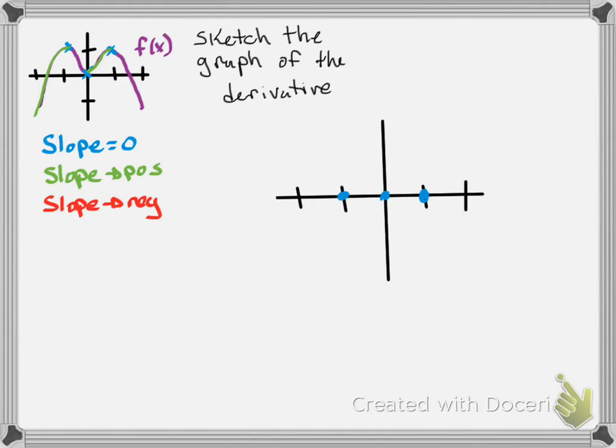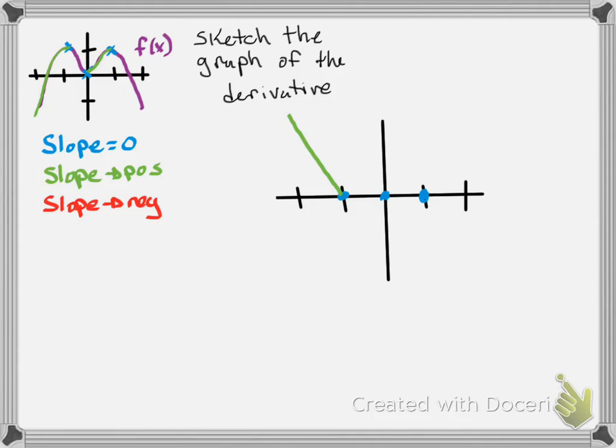That's a positive slope. So every x value that's less than -1, x is -2, -3, -4, has a positive slope. So I need to be above the x-axis, but I also have to hit that first blue dot on the left. So my f prime graph is going to have to look like that.